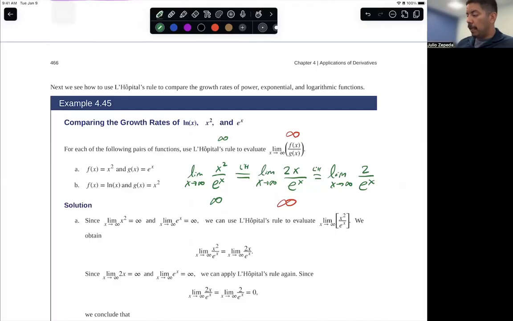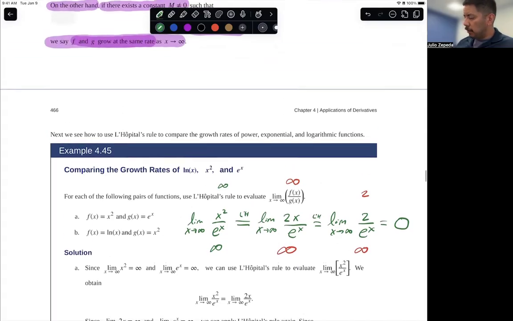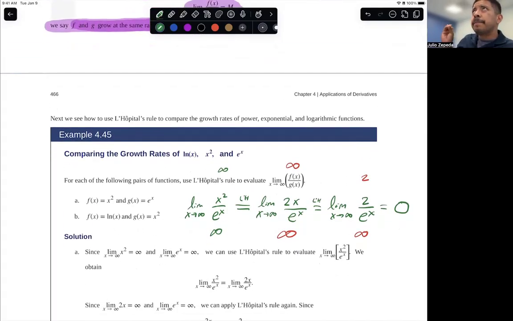Now we have the top approaching 2 because it's constant, and the bottom approaches infinity. And so we know that when a denominator gets infinitely large and the numerator is constant, this is going to approach 0. So basically what we're saying is the bottom function is growing much faster than the top function.